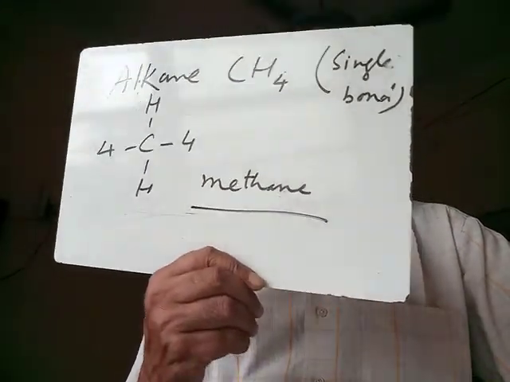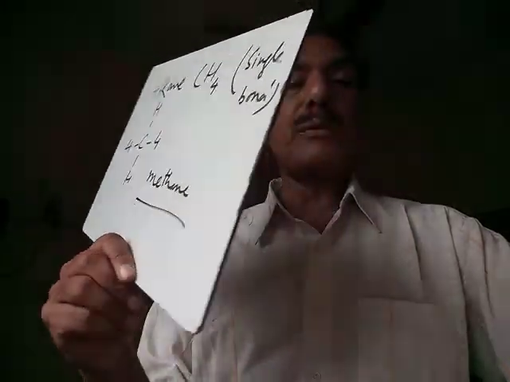Let me tell you the way carbon atoms are attached with each other. This is a straight chain. Another is a branched chain.